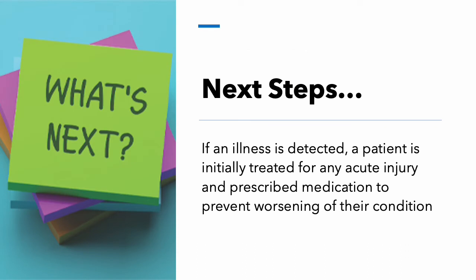Now, if on screening an illness is detected, what's next? So that patient obviously would be initially treated for any acute injury and prescribed medication to prevent worsening of their condition.